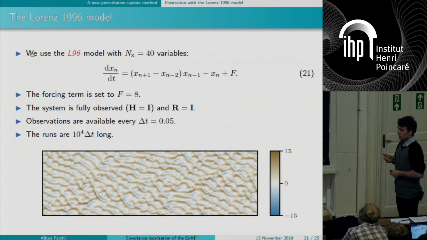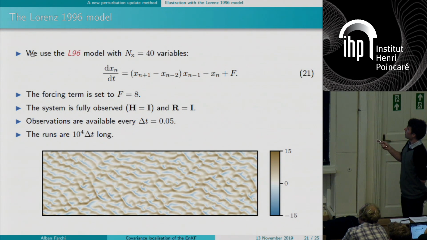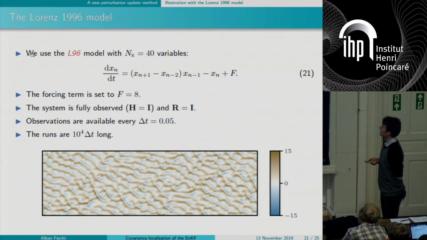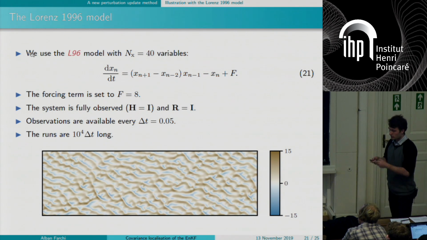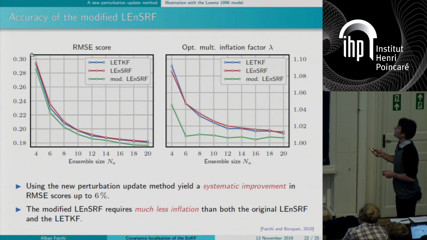In order to test this new approach, we use the Lorenz 96 model, the exact same configuration as before. Everything is observed, but we use this time 40 variables, so the standard configuration. And we will vary the ensemble size, and we will look at the evolution of the RMSE as a function of the ensemble size.